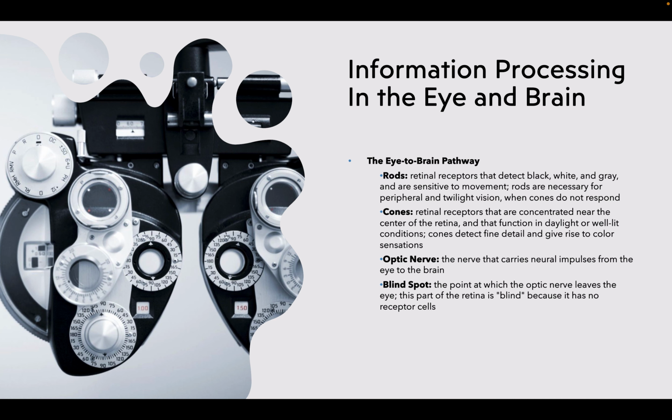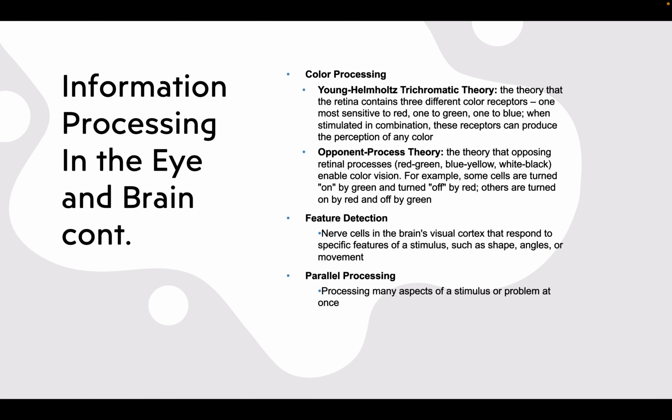So the next part of visual processing is color processing. In color processing, there are two different theories. There's the Young-Helmholtz trichromatic theory, or three-color theory, and then there's the opponent process theory.